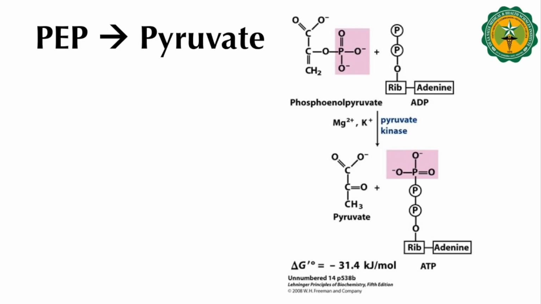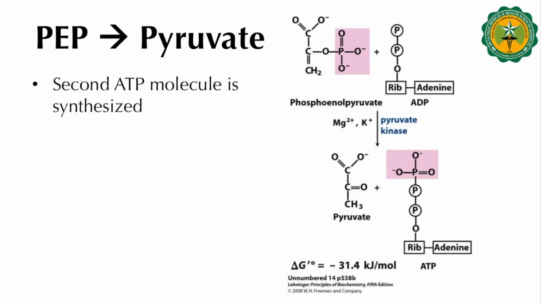The final step in the glycolytic pathway involves hydrolysis of phosphoenolpyruvate, or PEP, to pyruvate with concomitant formation of ATP. It is in this step that the second ATP molecule is generated. Again, since there are two GAP molecules that enter the payoff phase for every molecule of glucose, there are two ATP molecules produced in this step for every glucose molecule.